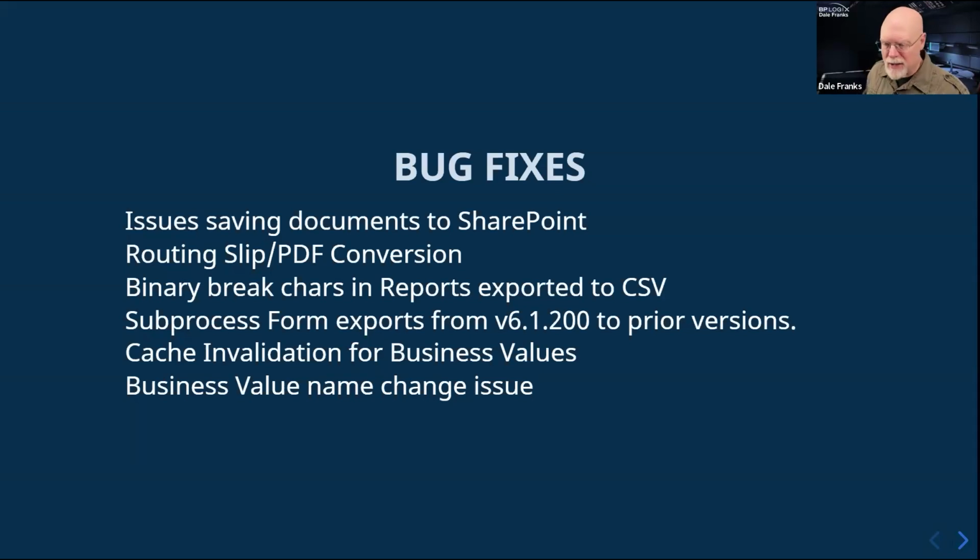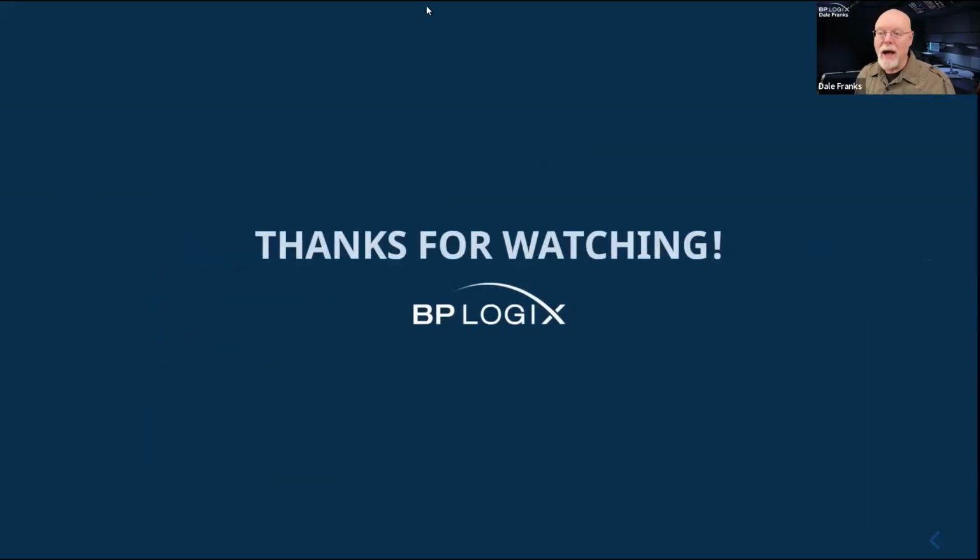So the name is just really an arbitrary value. But because you're humans and that name is important, you need to see that arbitrary value. So it needs to be updated to whatever the current name of the business value is. It just wasn't updating the name. It wasn't causing any other technical problem. It was just that you weren't seeing the name of the business value you were expecting to see after you changed the name. And now you will, in fact, see that value when you change the name.